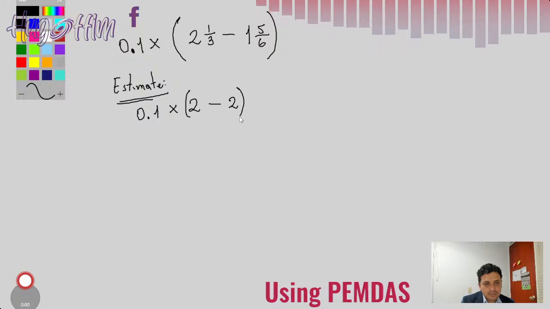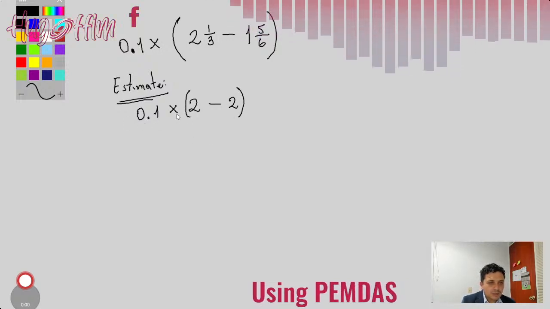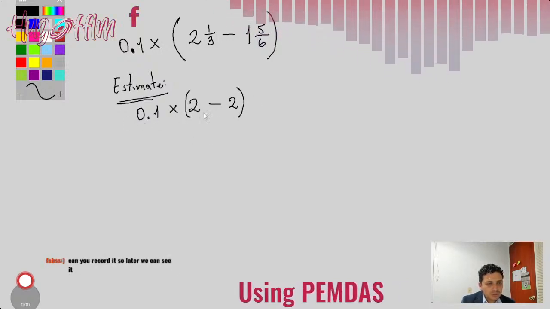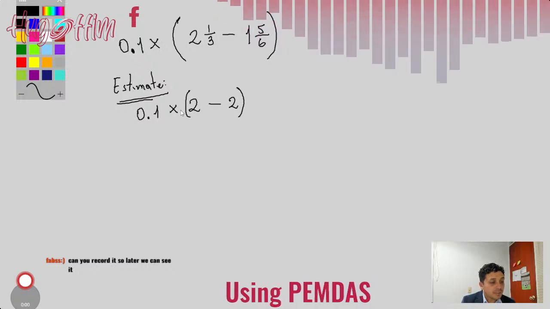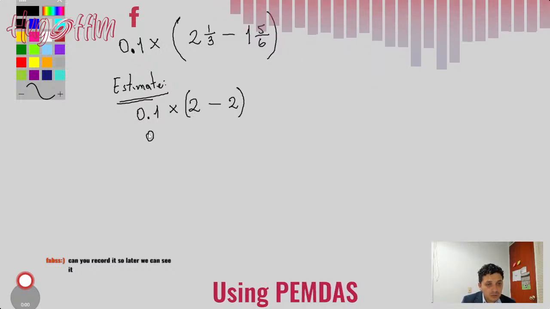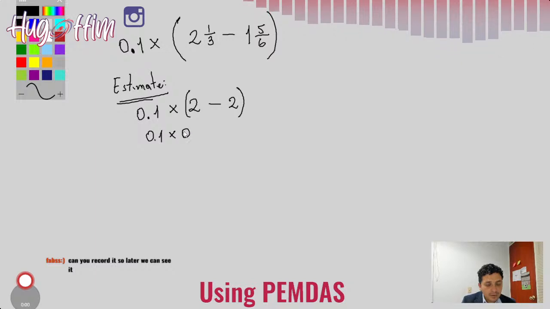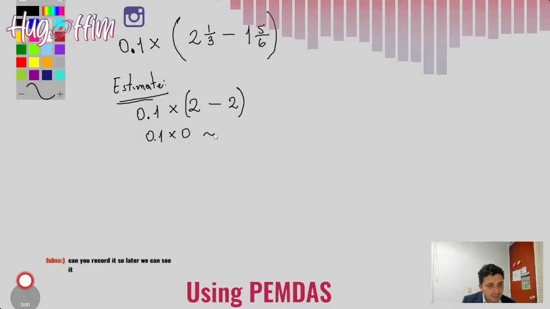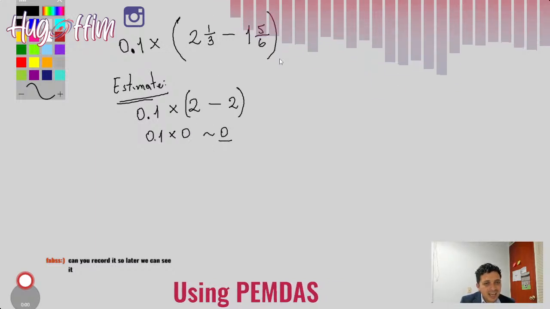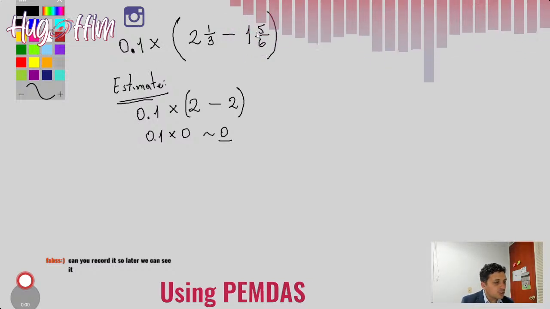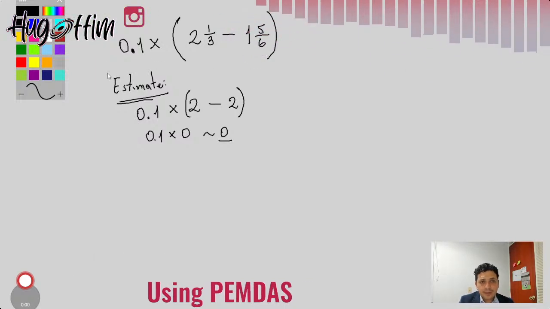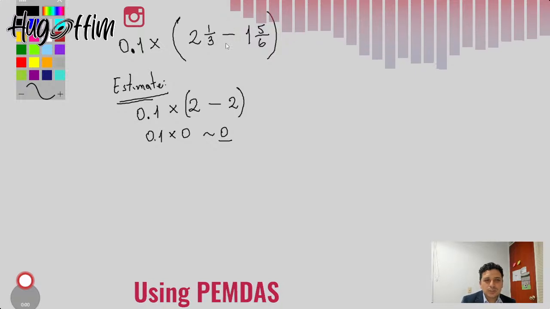So I got 0.1 times 2 minus 2. Remember that first the parentheses: 2 minus 2 is going to be 0. So my estimation gives me around 0. So the answer of this operation should give me around 0. This is the first thing I need to understand, that it's around 0.